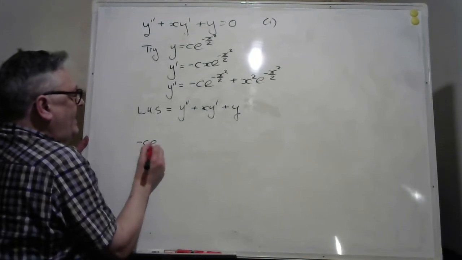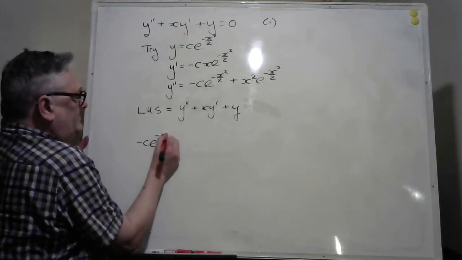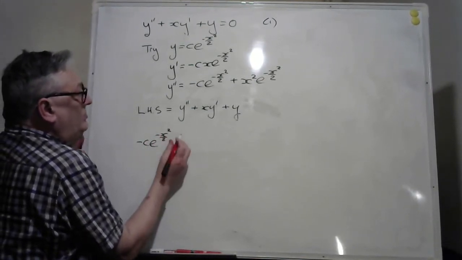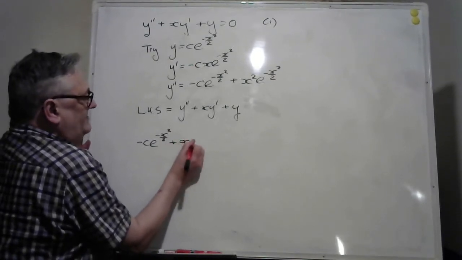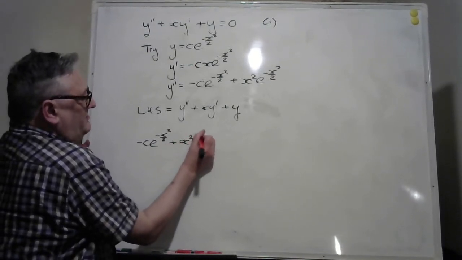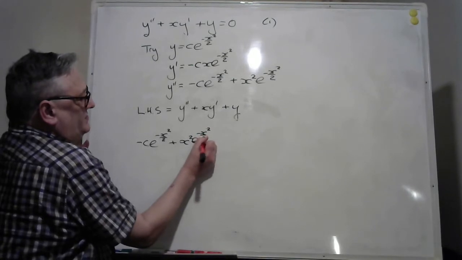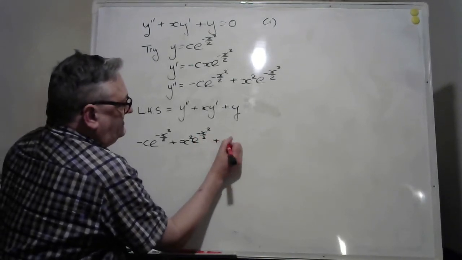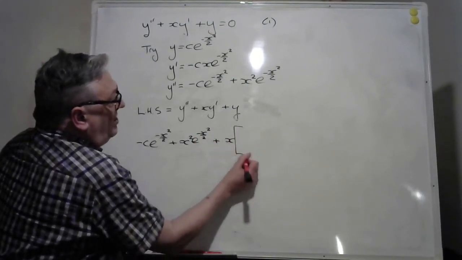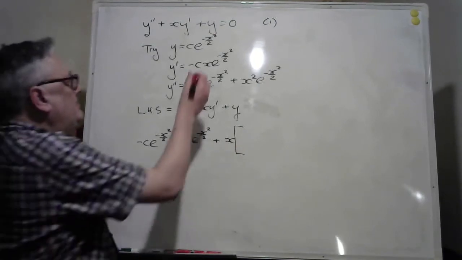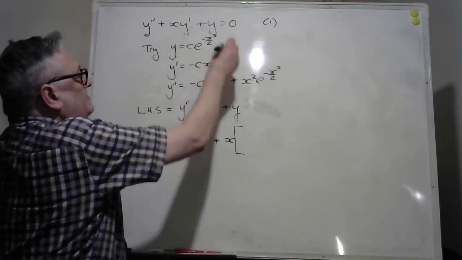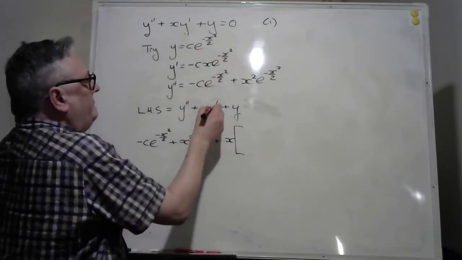Minus c e to the minus x squared over 2 plus x squared e to the minus x squared over 2, plus x times, in brackets, this term here, because this is the y prime term.